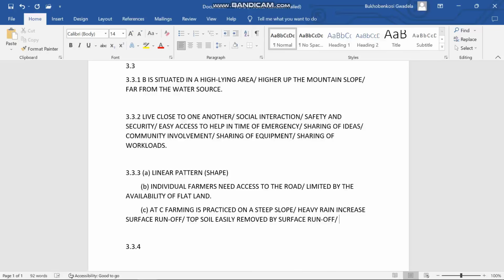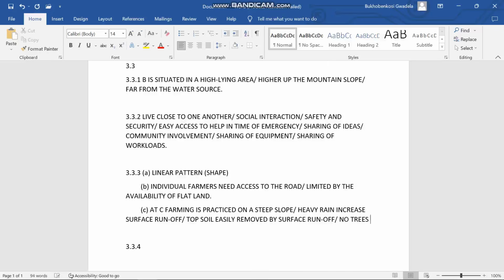Yes, they wanted 2, so 2 times 2 is going to be equal to 4 marks. So I'm going to give you more and more. You can also say no trees to trap runoff, as you can see there's a lack of vegetation there.